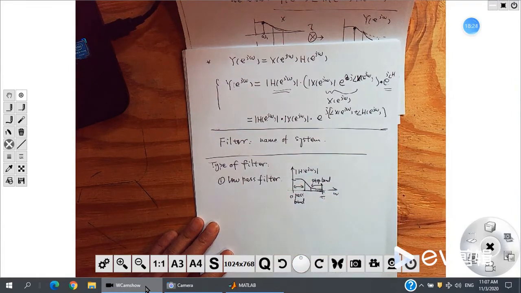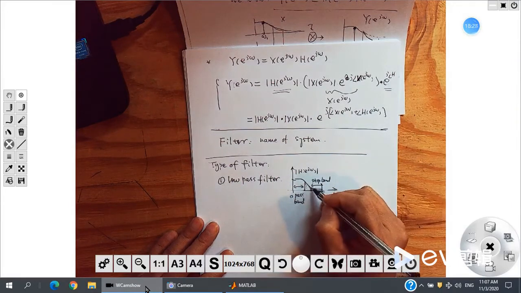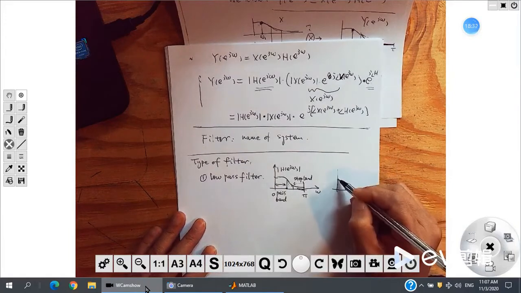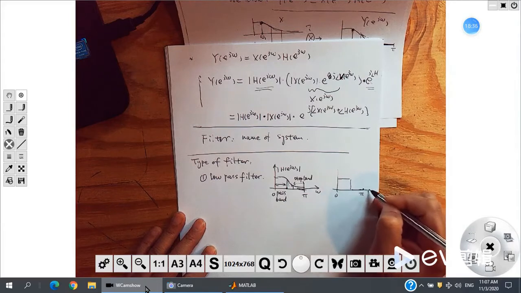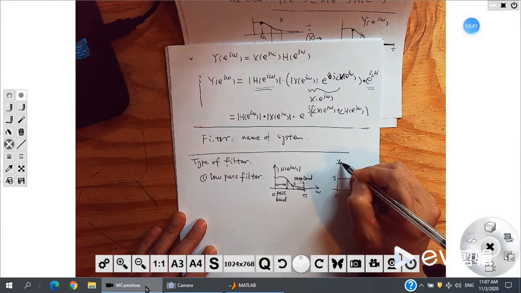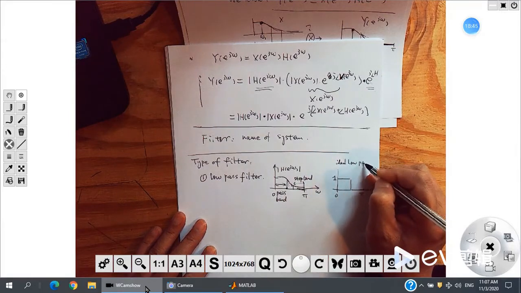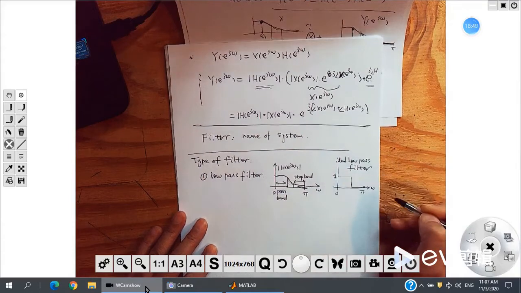Between them, this part depends. We also have a special case, the ideal case: from 0 to pi, here's omega, and this is 1. This is the ideal low pass filter.